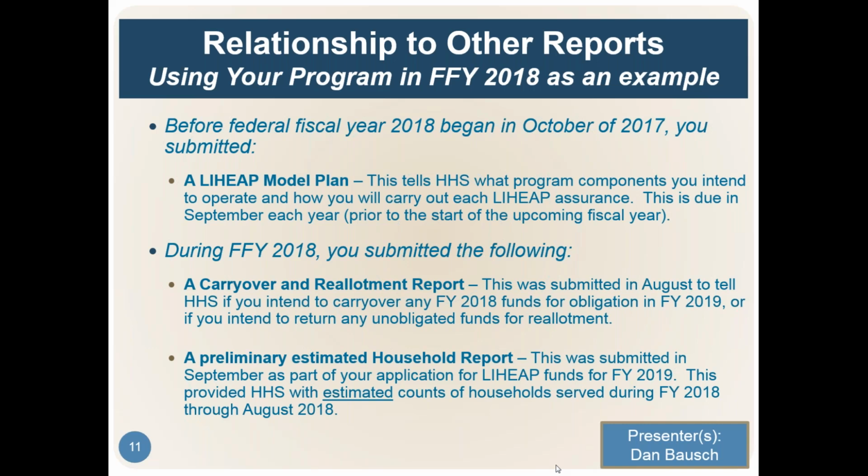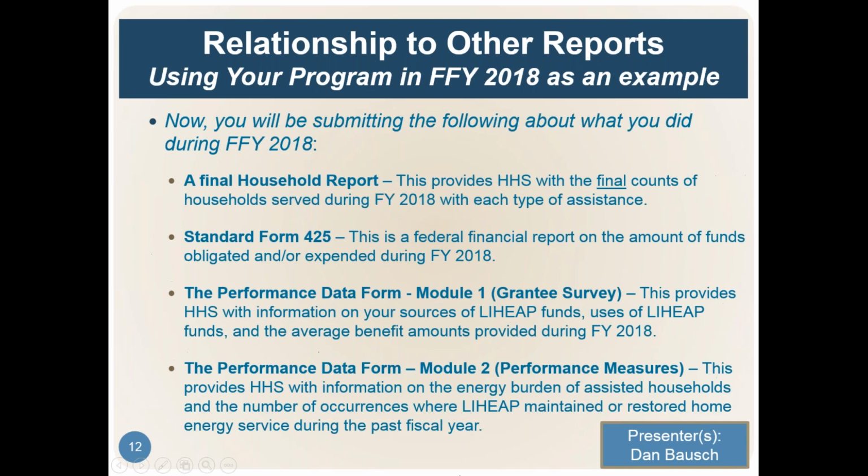And then as part of your application for LIHEAP funds for the next fiscal year, you submit a preliminary household report, and that just has estimated data on how many households you've served so far during the fiscal year.